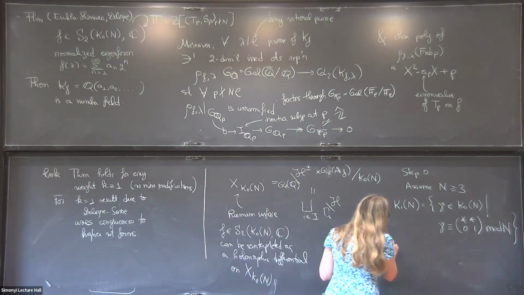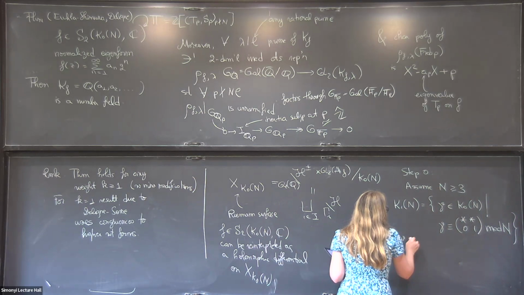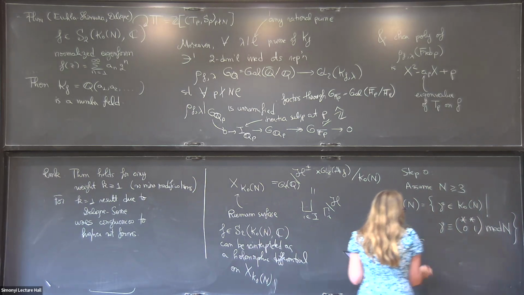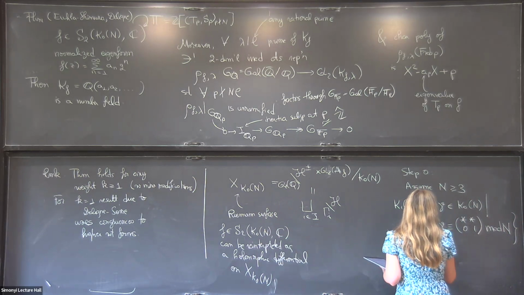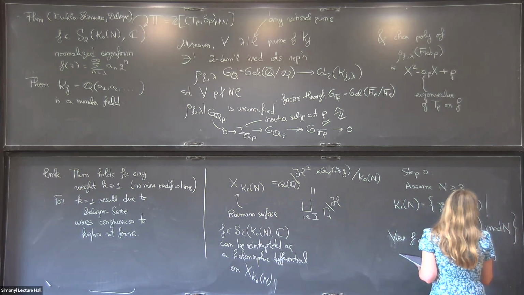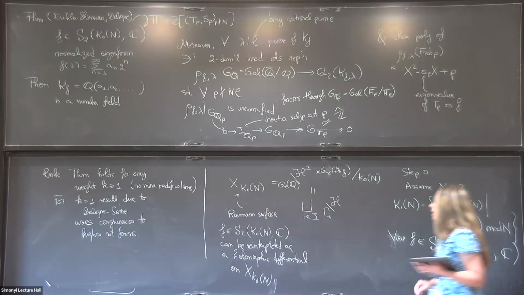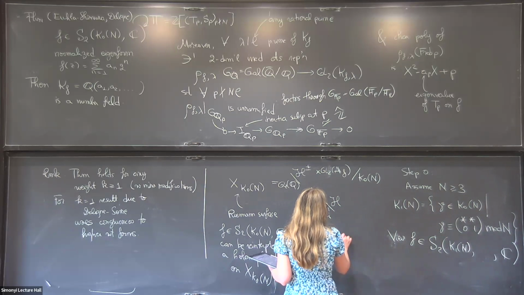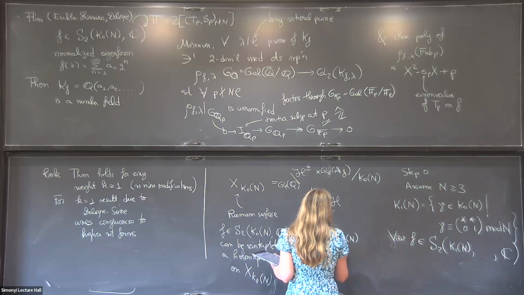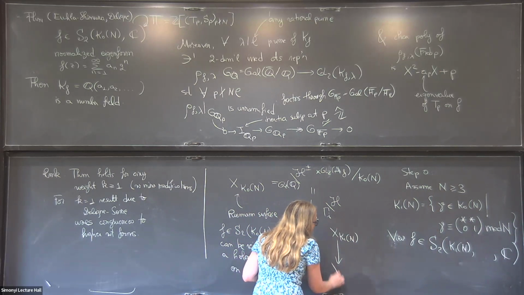And we're going to view F as a form on this level K1n, still with complex coefficients, but I'm going to put a character here. So basically, X_K1n is a covering. When you make the level smaller, you go to a covering space.